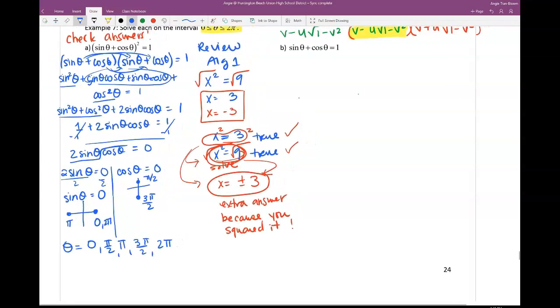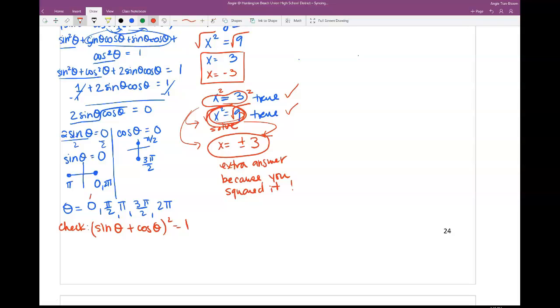Okay, so let's go back and check them. Let's start with the first theta, which is 0. My original question is sine of theta plus cosine of theta, all of this squared, equals 1. Then my first angle is 0.